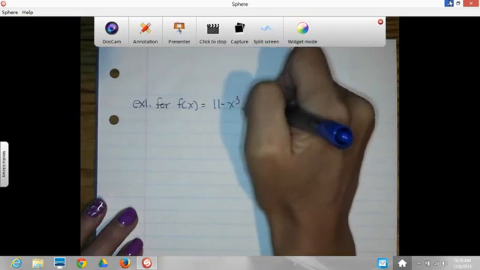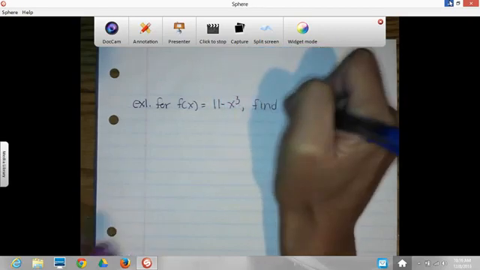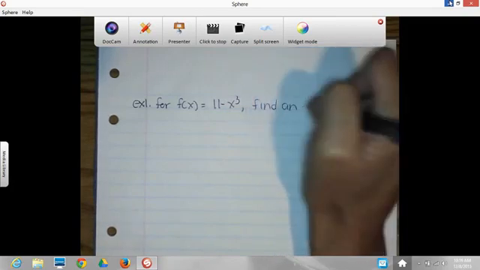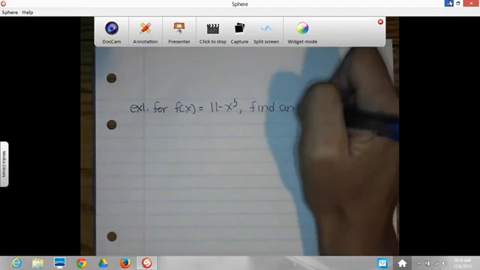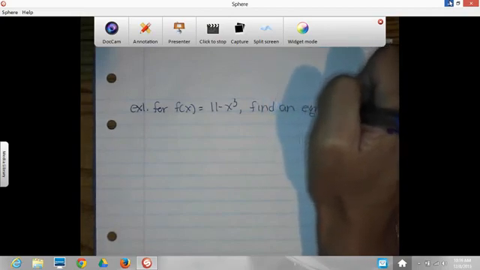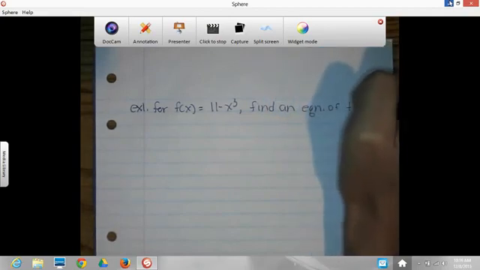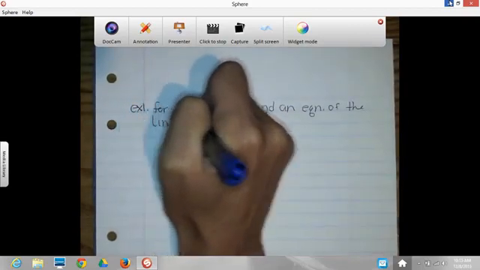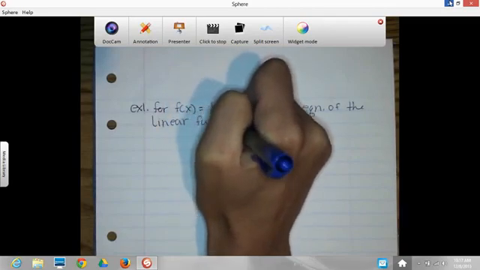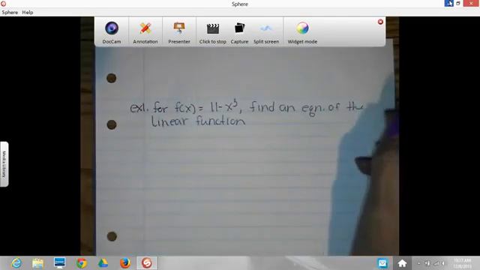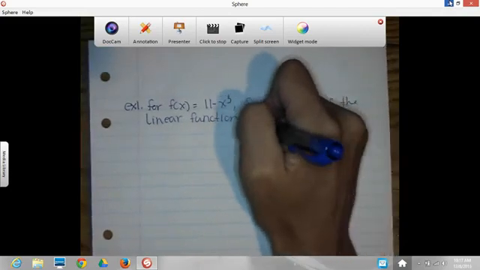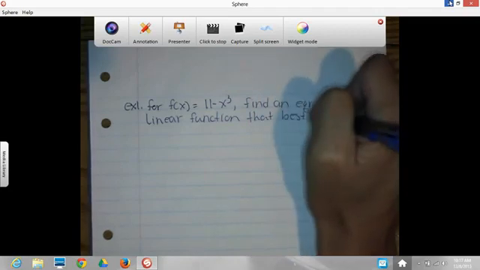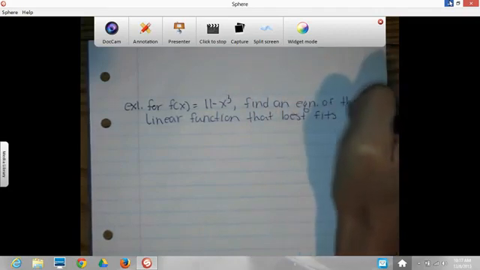Find an equation of the linear function that best fits at x equals 2.